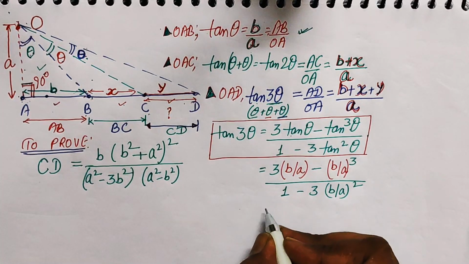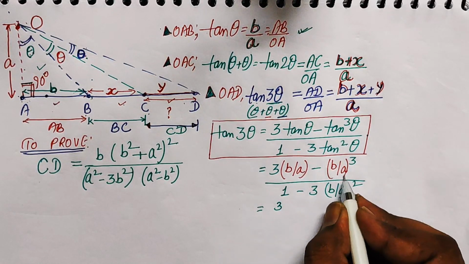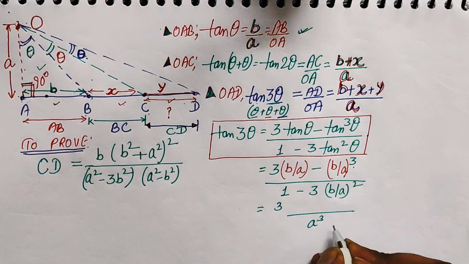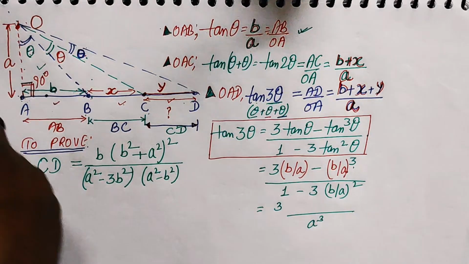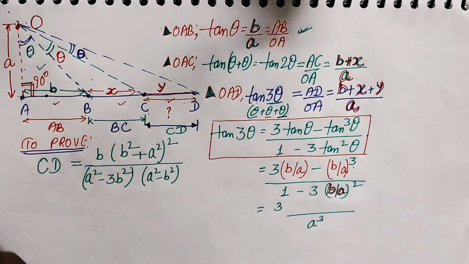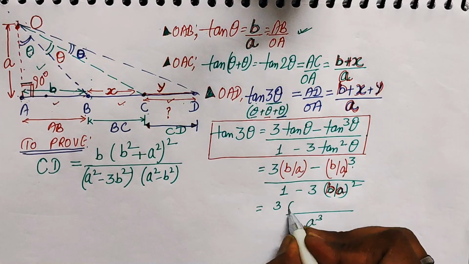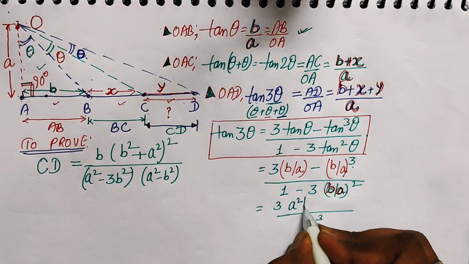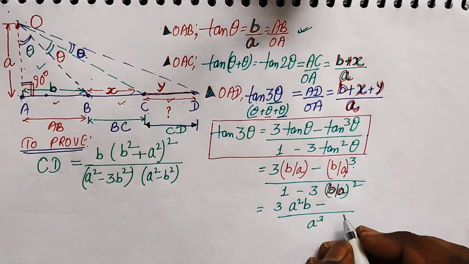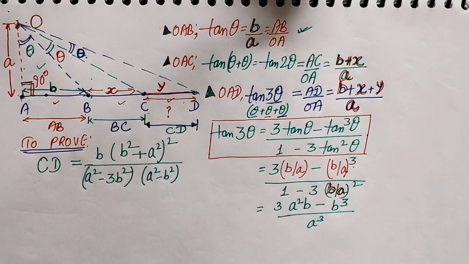And when you solve it, you will get a cube as the LCM into the numerator, a cube, and let me change the color of b by a over here into the denominator also. Now, when a cube is the LCM in the numerator, it will be 3 times a square b minus, and here it's b cube, right?